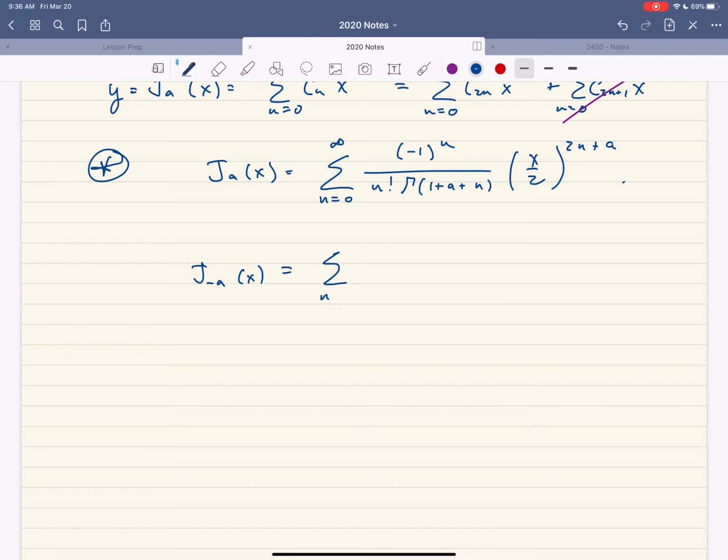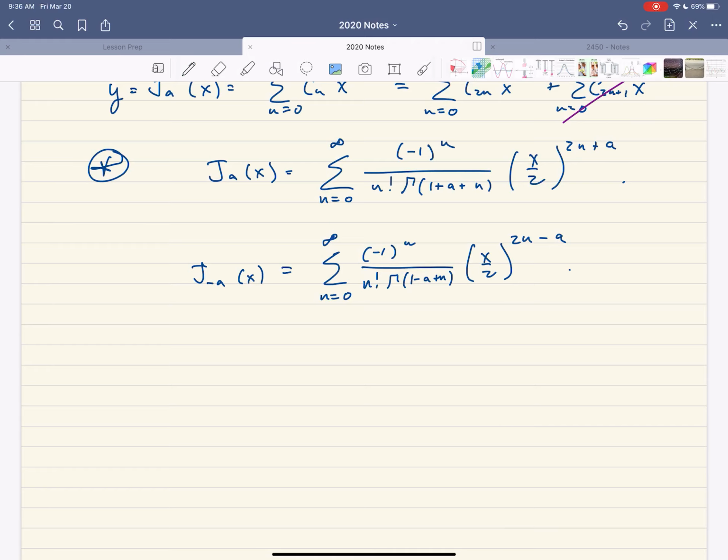And remember that was just one of the solutions of the indicial equation. Right, so j sub a, and then j sub minus a, if we do this, we're going to get negative 1 to the n. Basically, it's the same thing, except all of our a's become minus a's. So you get 1 over n factorial, gamma of 1 minus a plus n, x over 2 to the 2n minus a. Okay, and those are going to be your Bessel functions, j sub a and j sub minus a.